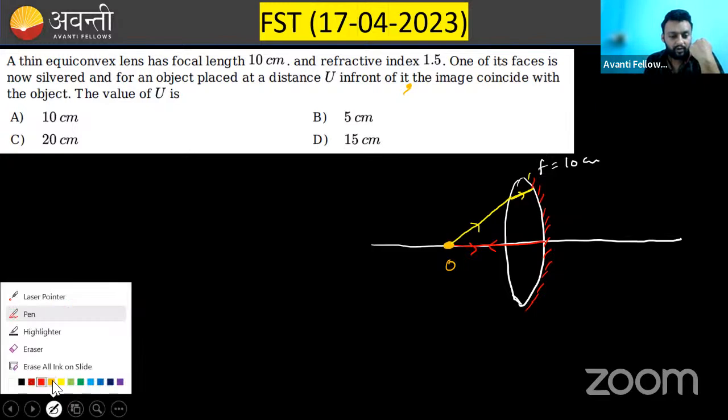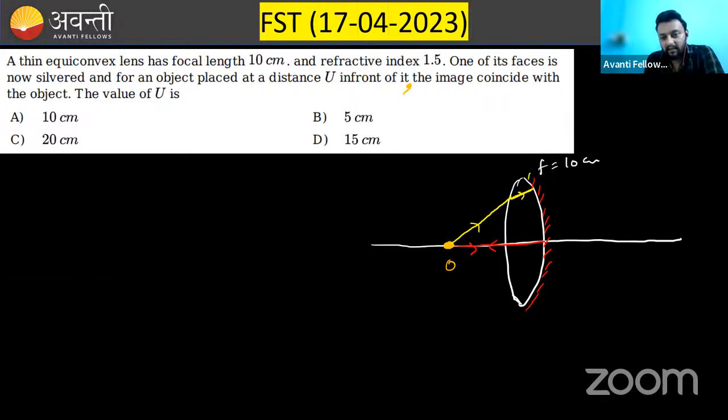So for that purpose, the refracted ray should be striking the mirror perpendicular to it. And if it is striking perpendicular to it, that means it should be coming from its center of curvature. And this is the center of curvature I have assumed, C. Okay, so till now every point is clear.